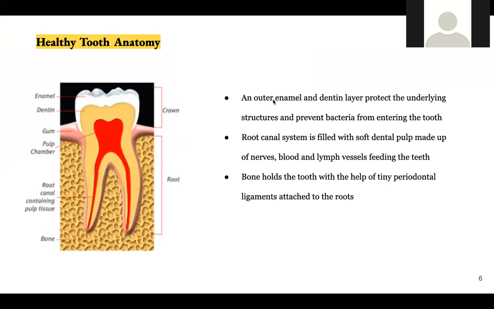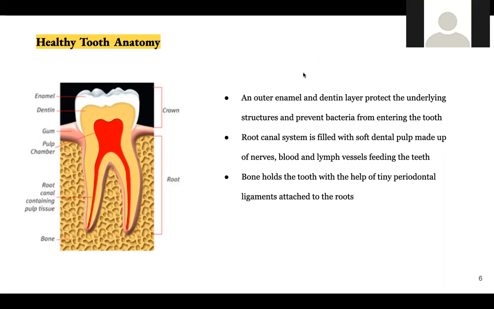So now that we have an idea on the purpose and who performs root canals, we wanted to go over the anatomy of the tooth. First, we'll start off with a healthy tooth. If you look at the image to the left, the two main components of the tooth are the outer part called the crown, and underlying the gum tissue is the root of the tooth.